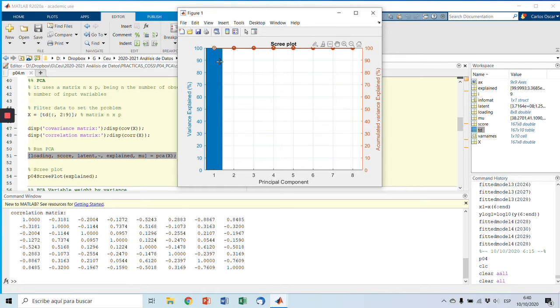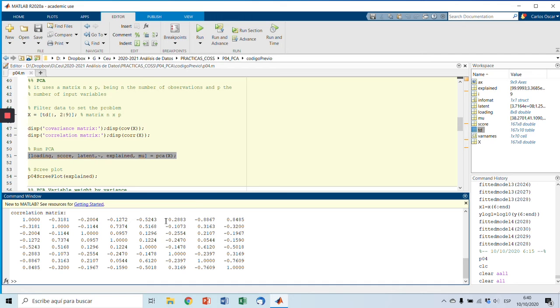So you see, with just a single variable, I'm explaining almost 100% of the variability, and the reason is that this one single principal component must be very much aligned with the variable that is dominating the analysis.